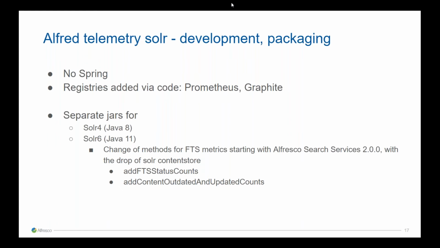Also, the way these nodes are retrieved has changed. Before Search Services 2.0.0, we were looking for nodes with status new, dirty, and clean. And after that version, we were looking for nodes with status in sync or to be updated.